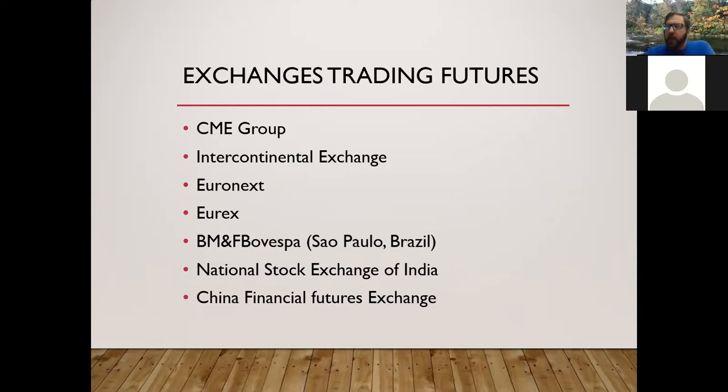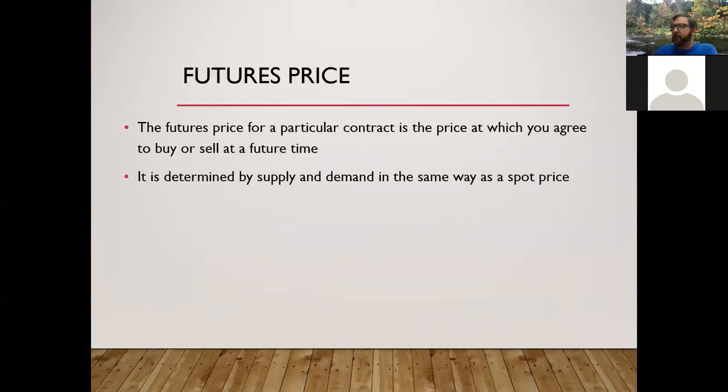If I'm able to go to an exchange and trade it, then it must be something that's standard, because I couldn't go to an exchange and just say, I have orange juice here, if everybody didn't understand exactly what a contract of orange juice meant.